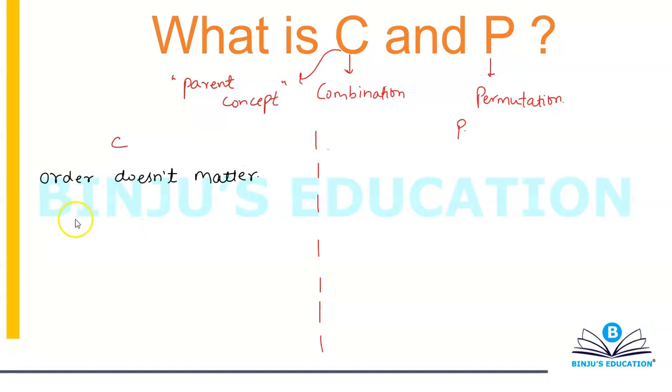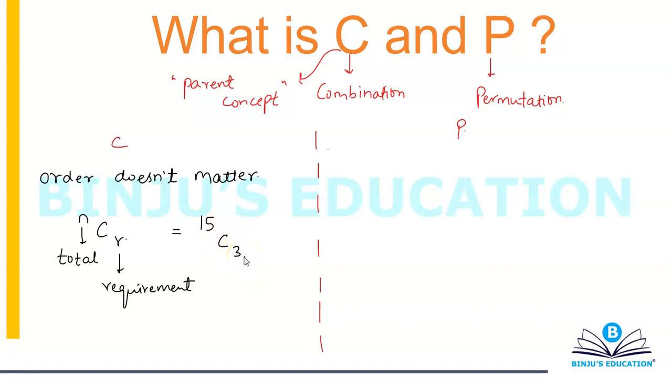The formula for combination is given as nCr, where n stands for total and r stands for your requirement. So when I say I have a class of 15 students and I wish to select 3 of them, that will simply become 15C3.